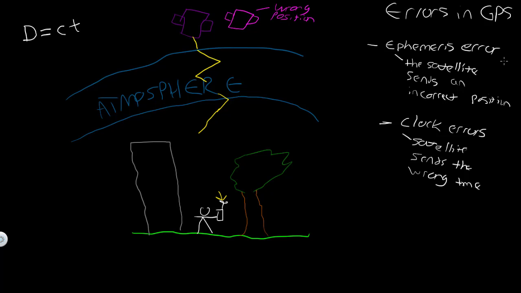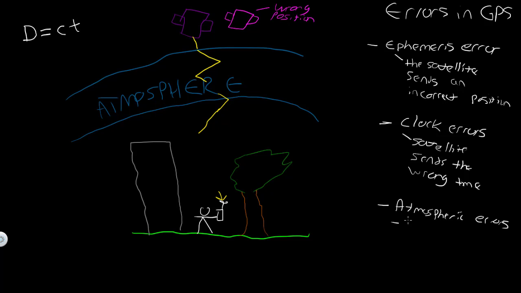So we call this one of the atmospheric errors. That is basically when the signal interacts with the atmosphere in a way that reduces the speed, or I shouldn't say reduces the speed, that changes and reflects and bounces the signal around, delaying the signal from reaching the receiver.